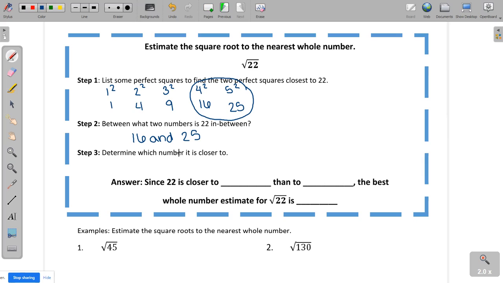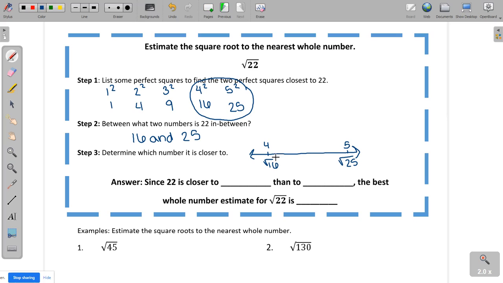So we need to figure out which number it is closer to. If we have a number line to visually see this, and we have the square root of 16 and then the square root of 25. The square root of 16 is 4, and the square root of 25 is 5. So it's going to be in between 4 and 5. We need to figure out if it's closer to 4 or closer to 5.